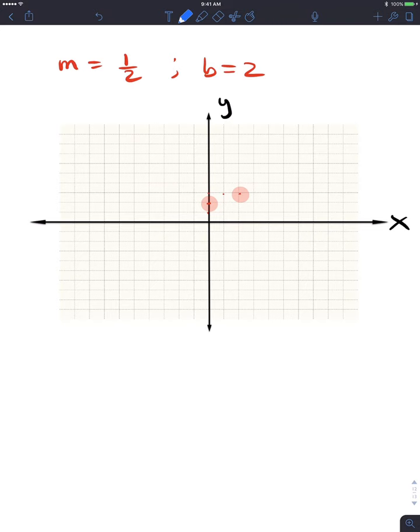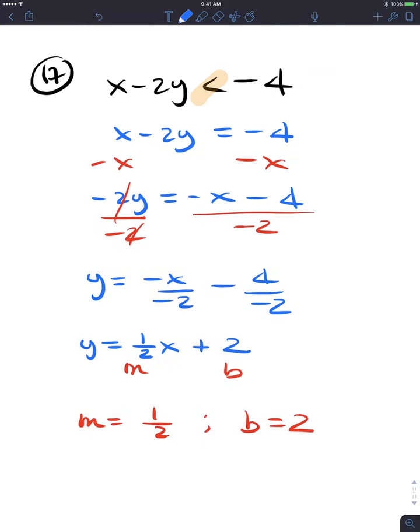Now remember, this is a strict inequality, so dotted line. Let's double check. Yes, strict inequality.